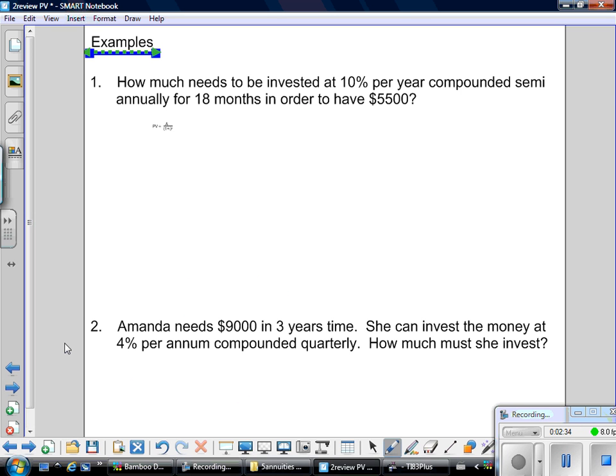So let's take a look at the formula and answer some questions. First it says, how much money needs to be invested. As soon as I see that, it's telling me I need to invest something, so that's going to be my principal, and in this case, it's going to be PV.